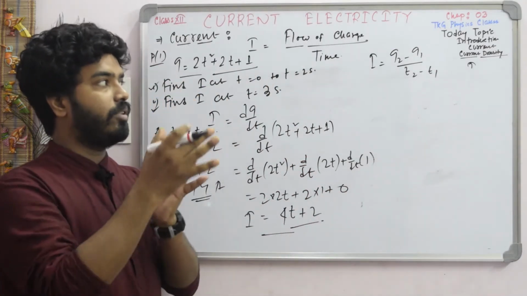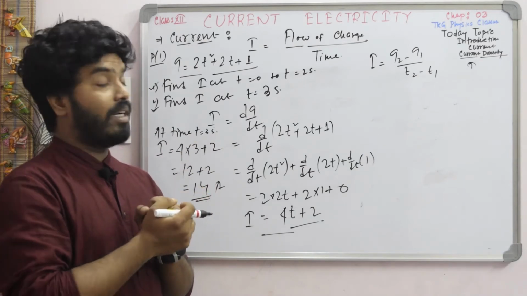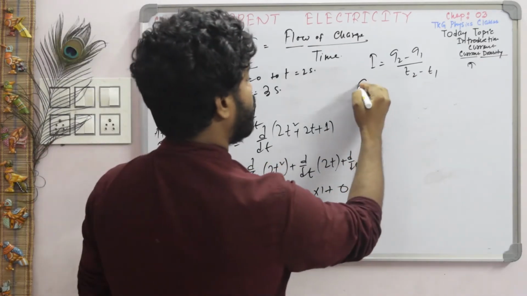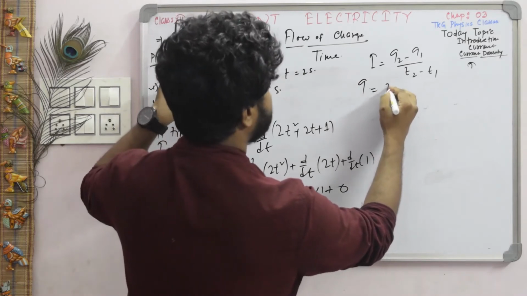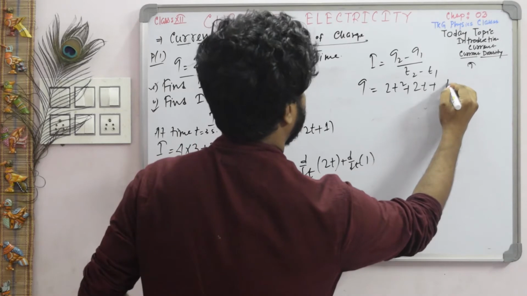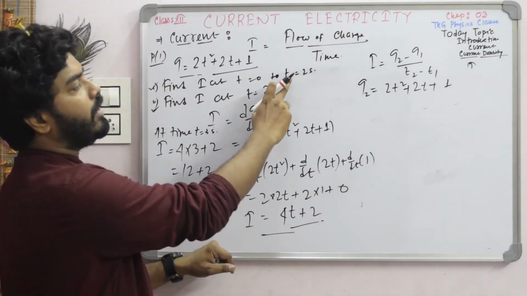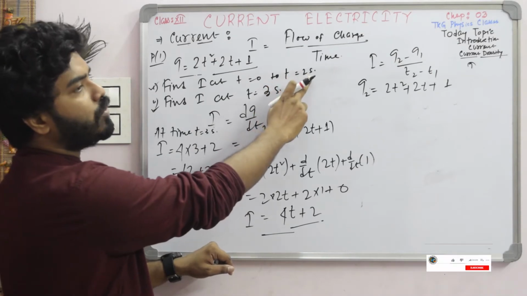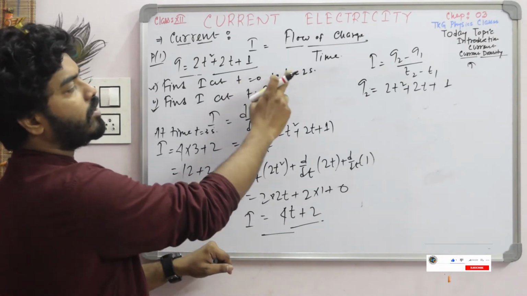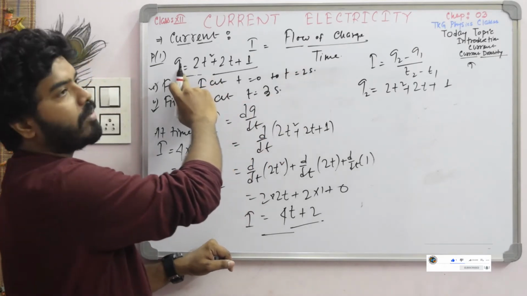That is the change of charge divided by the time interval. So, what is Q2? Write down the value of Q first. Q equal to 2t square plus 2t plus 1. This Q becomes Q2 when in the place of t we write 2 second. This one is T1 and this one is T2. So, when t becomes 2 second, this Q value becomes Q2.